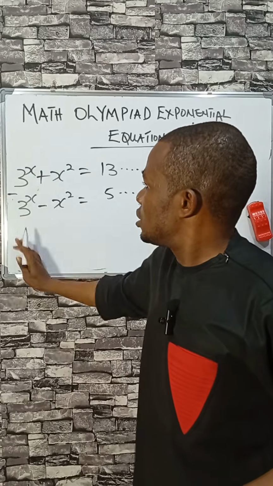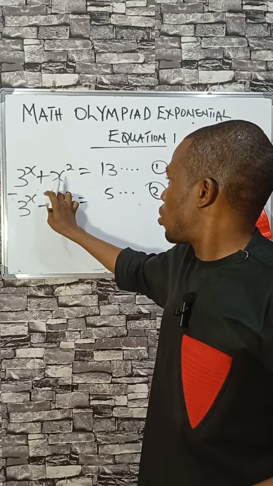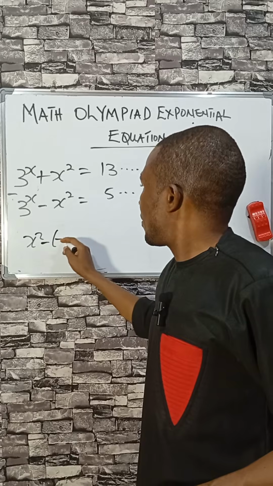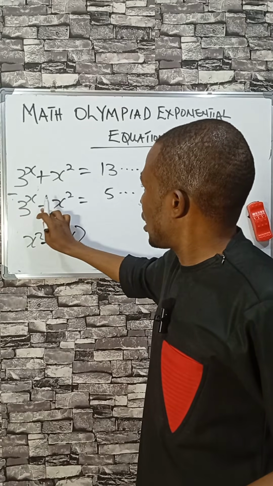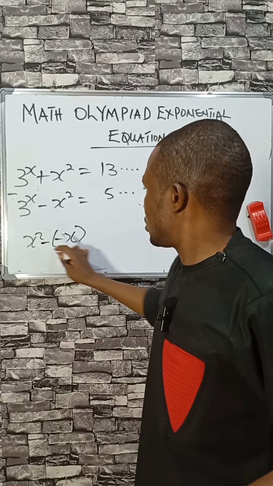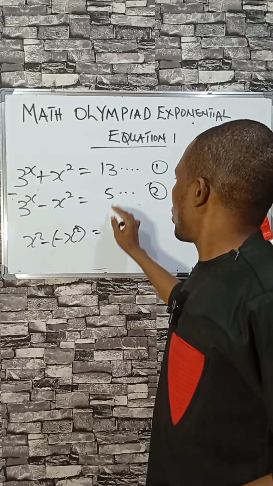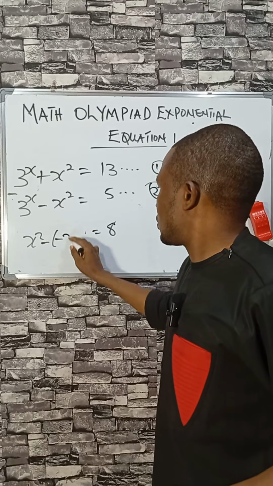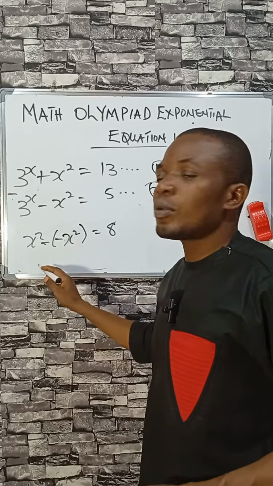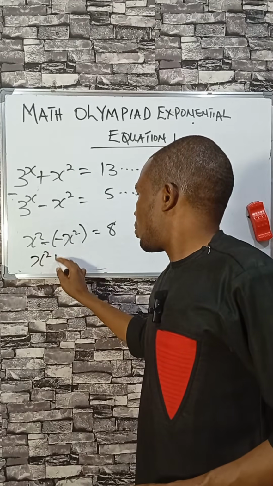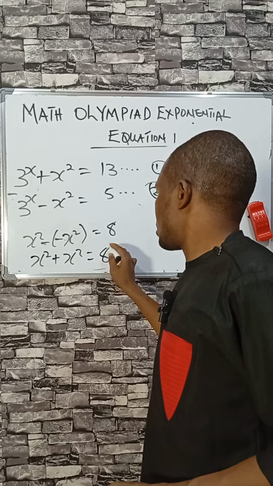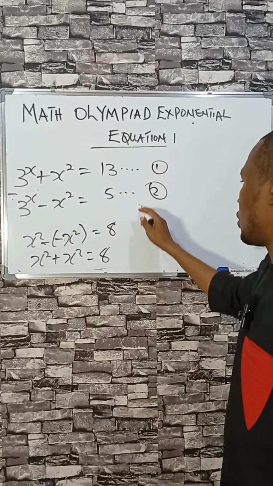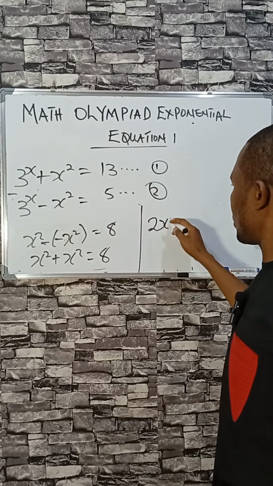If you subtract, the 3^x goes. Then x squared minus the negative x squared, that is minus and minus is plus, x squared plus x squared, equals 13 minus 5, that is 8. So x squared plus x squared is what? That will be 2x squared.